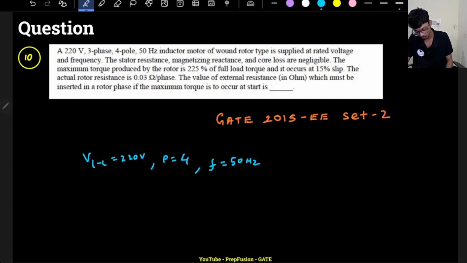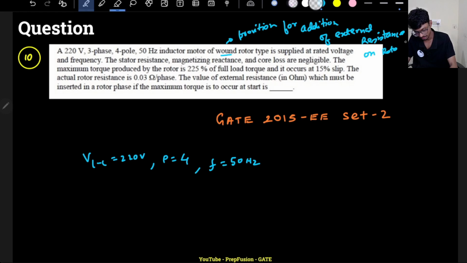Wound rotor, right? Wound rotor means I can add external resistance on the rotor side. So wound means provision for addition of external resistance on rotor side.